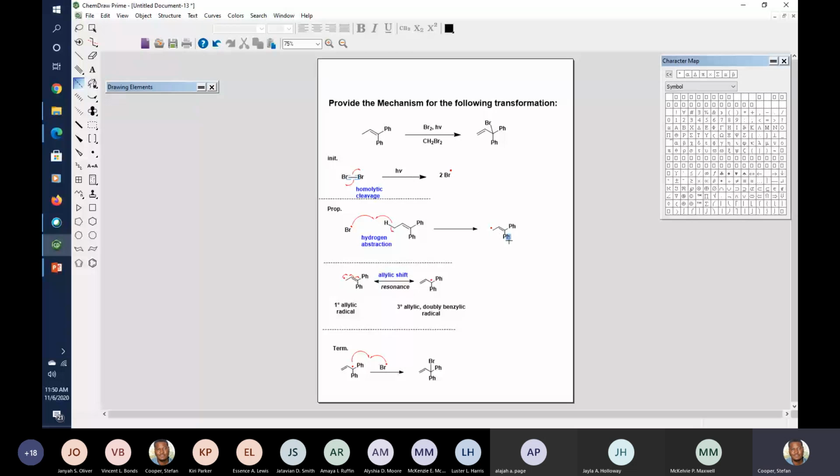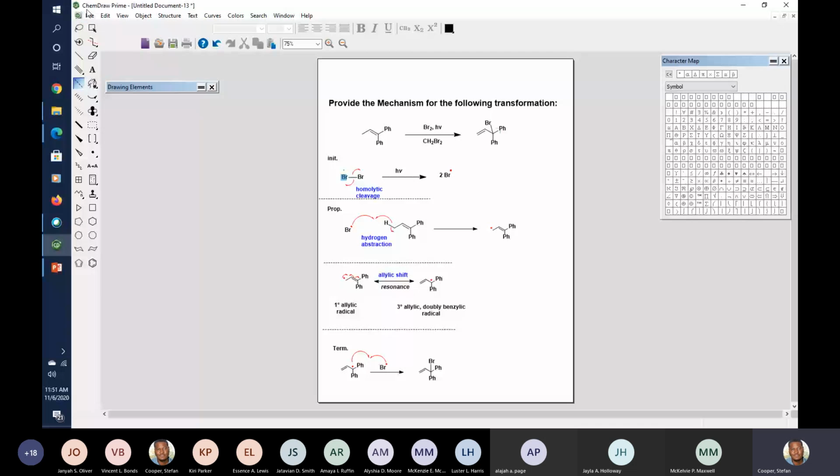This radical can do an allylic shift through resonance to form a tertiary allylic, doubly benzylic radical that terminates with the second bromine to generate our final product. So be prepared to think along these lines. You want to be comfortable with thinking about mechanisms and how to draw the flow of electrons for these processes.